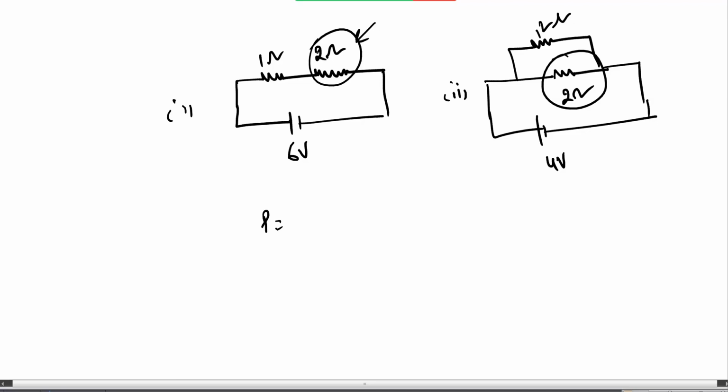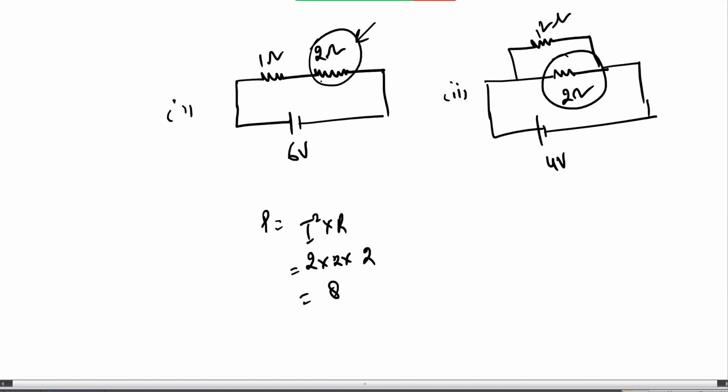Sir, I used I square into R. And what value of I did you use? I got 2. Yes, so 2 square into 2 is 8. No, sir, 2 into 2 and resistance 3. Why 3?